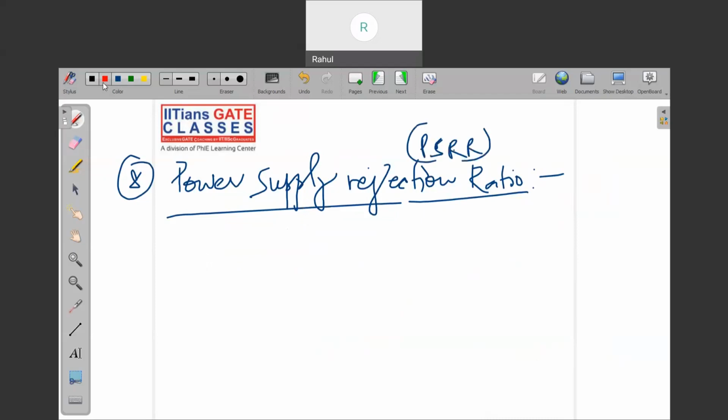It is a measure of change in the input offset voltage. I'm giving you the definition because sometimes in the examination they will give some definition in the options, so you must know the meaning of PSRR.